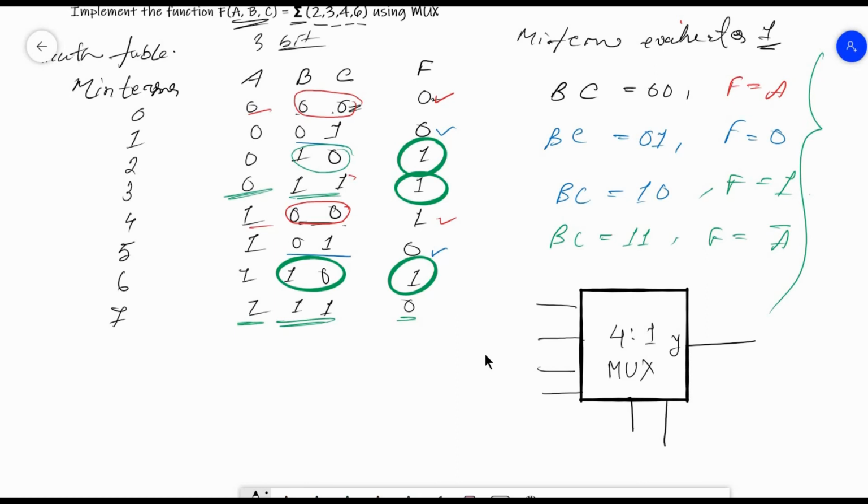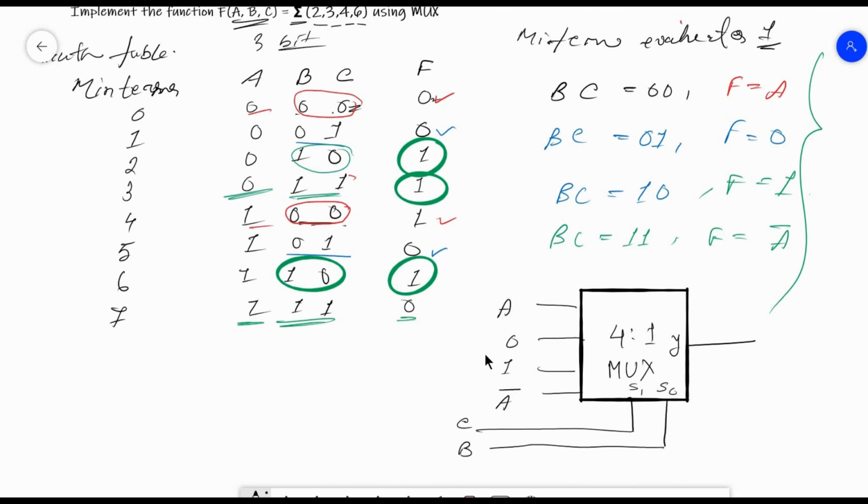The first input is A, the second one 0, the third one 1, and the fourth one is A not, and the selector lines are C and B. This is selector line 0 and this is selector line 1, and this is our output.